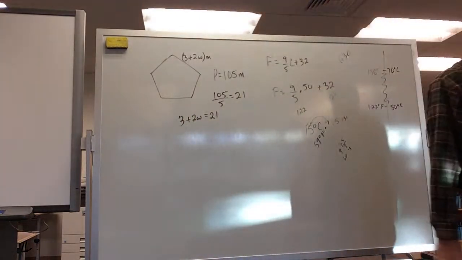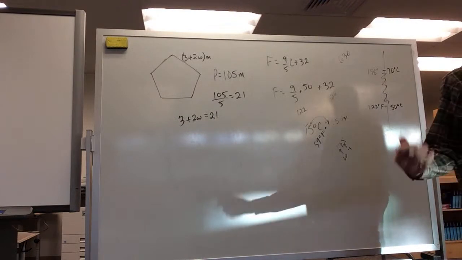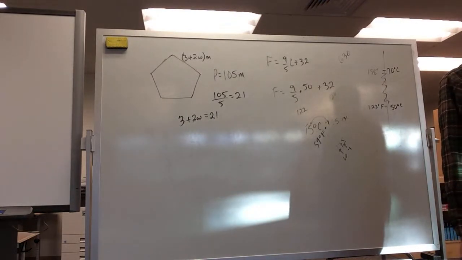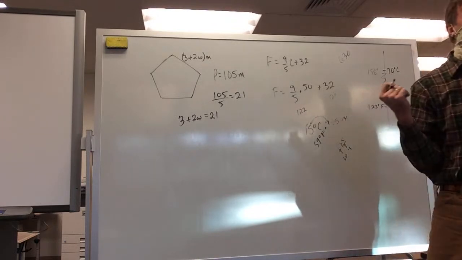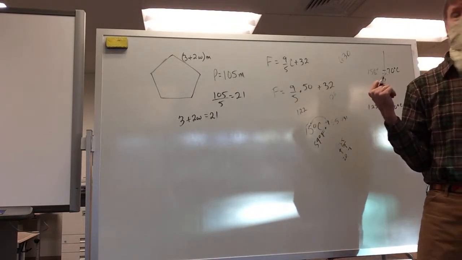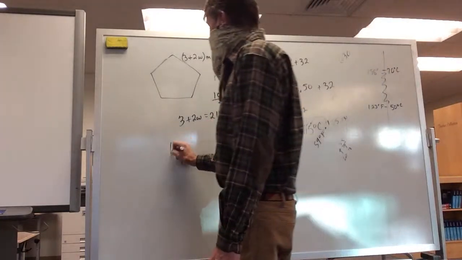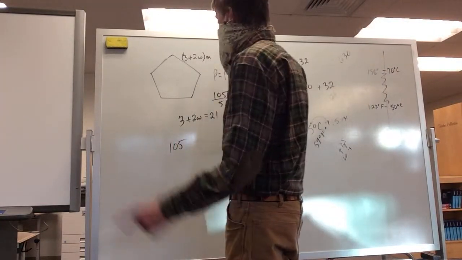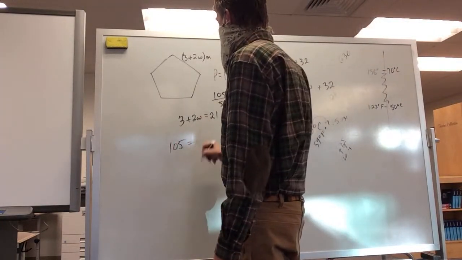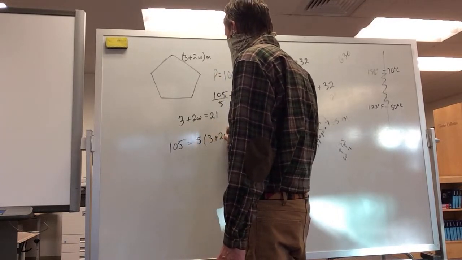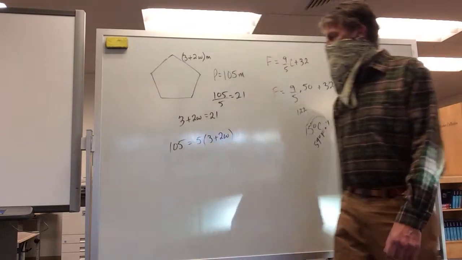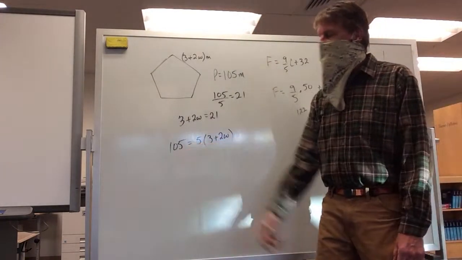Then do inverse operations and find W. That's good. You know, I've never looked at it that way. What I've always done with this one when somebody says they're stuck is I said, well, the perimeter is 105, and I left out the meters. And I said, well, you have 5 multiplied by 3 plus 2W, because you have 5 sides, and those 5 sides added up are 105.